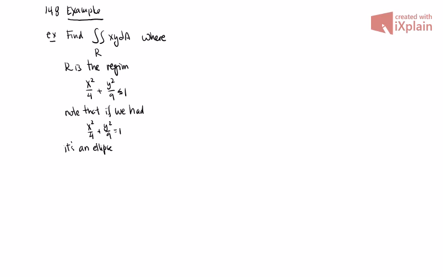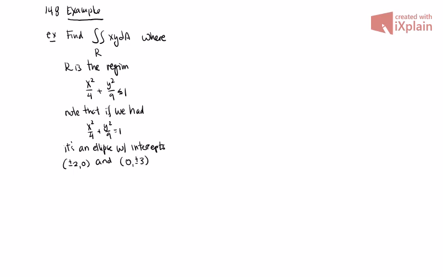And the way to see the intercepts of this is simply to plug in y equals 0 and x equals 0. When y equals 0, we have x squared over 4 equals 1, so x is plus or minus 2. And when x is 0, y is plus or minus 3.